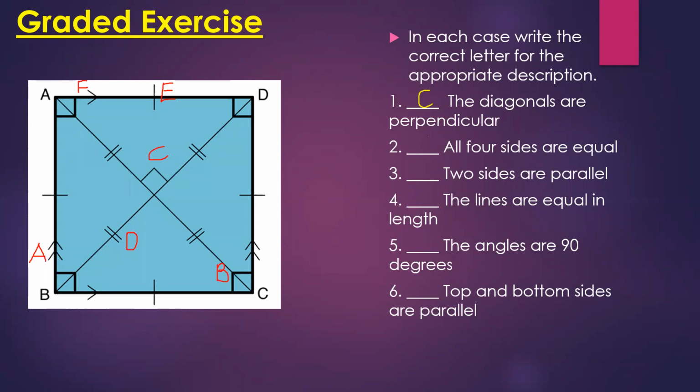All right. Number 2, what did you put for number 2? I put B. B, all sides are equal. What? Wait. Number 2. What symbol shows that all sides or 4 sides are equal?